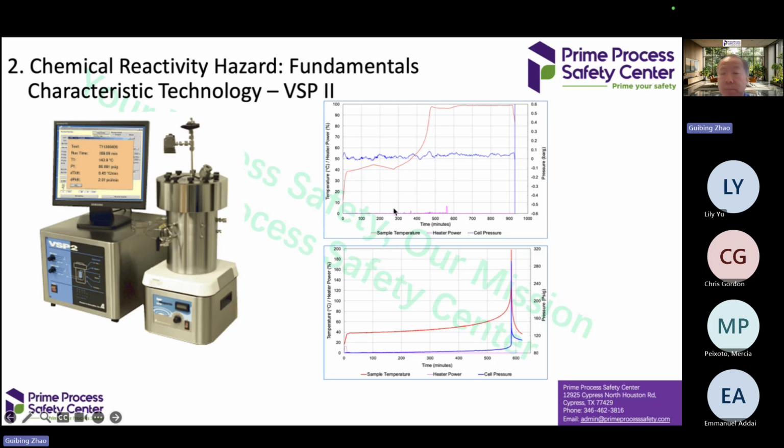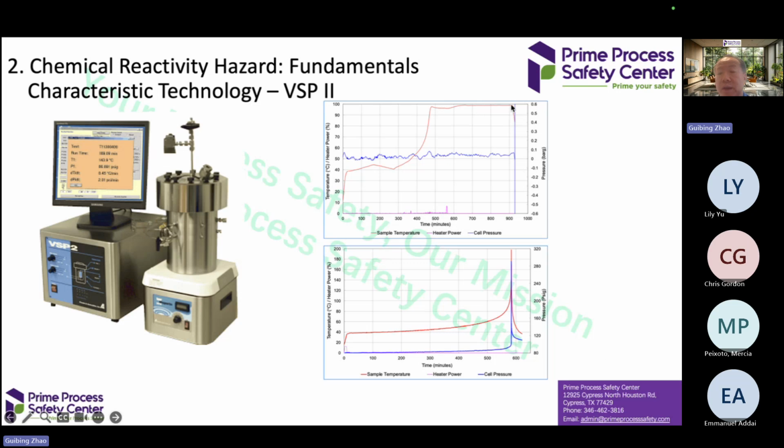For example, this is a tempering test we ran for our clients. A tempering test usually runs at open cell condition. We fix the background pressure, and say the runaway reaction picks up over here, and at some point the runaway reaction stops because the temperature is constant.